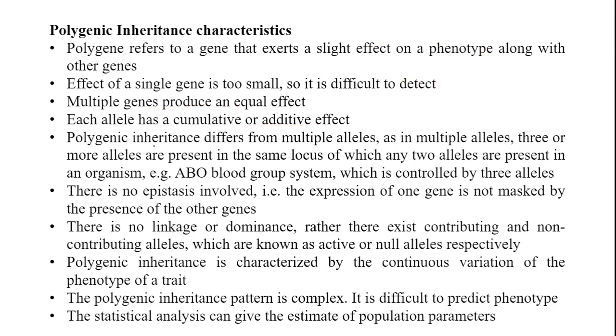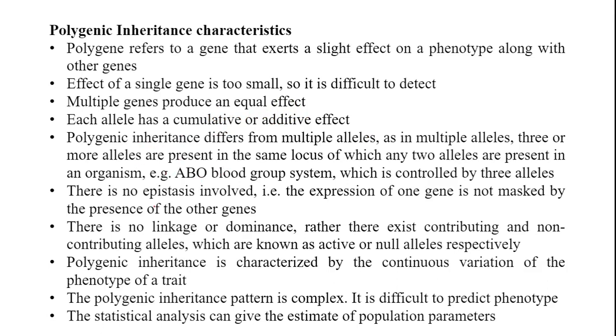And this polygenic inheritance cannot be compared with multiple allelic interaction. Why? Because that is allelic gene interaction, and polygenic inheritance is non-allelic. Non-allelic means the genes are present on distant chromosomes and code for some phenotypic trait. Here the alleles are different, and polygenic inheritance is non-allelic interaction.